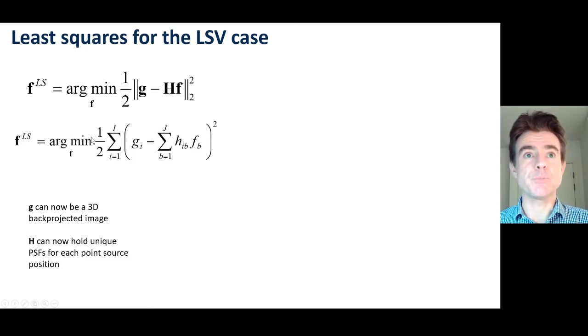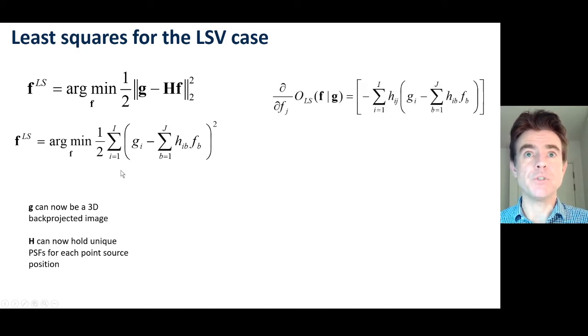So if we put that into subscript notation, what I've done is just spell out the L2 norm there and just spell out matrix vector multiplication here, just showing a subscript notation, because that's going to make it much easier now to go ahead and find the values f that are going to minimize that objective function.